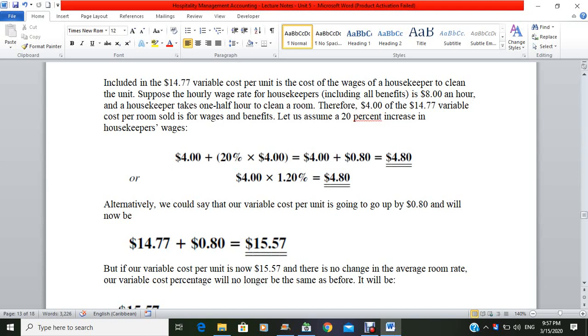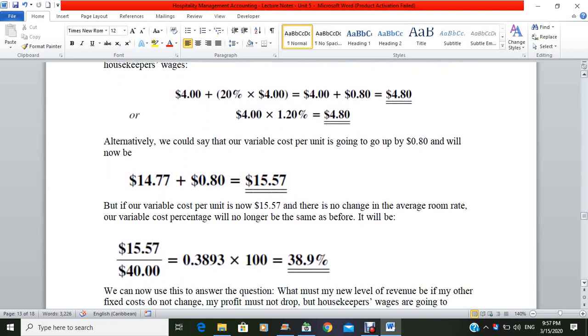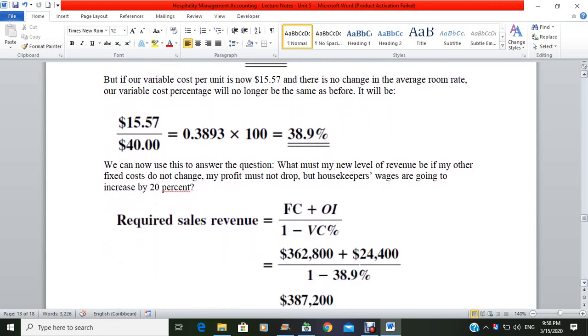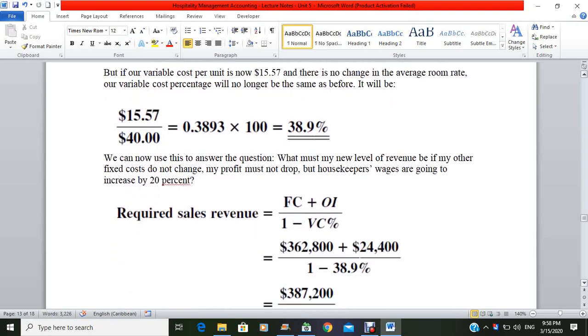Now this is our new variable cost per unit. And because this has increased, we're going to have a new variable cost percentage. So you divide this new variable cost per unit by the average selling price per unit. You get a new variable cost percentage of 38.9%.